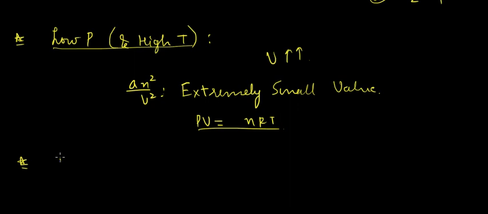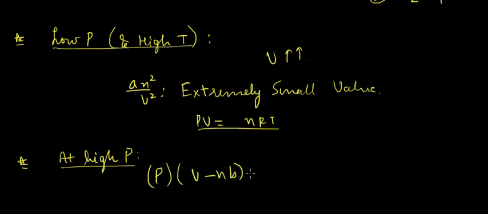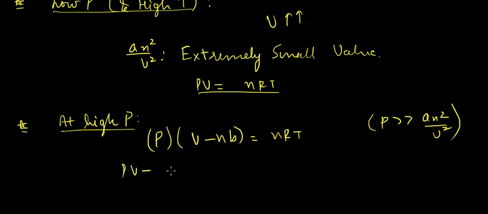Now what happens at high pressure? We have (P plus an square upon V square) times (V minus nb) equals to nRT. As pressure is already high, an square upon V square would hold less value. We can write P is very much higher than an square by V square. From here we can write PV minus Pnb equals to nRT.